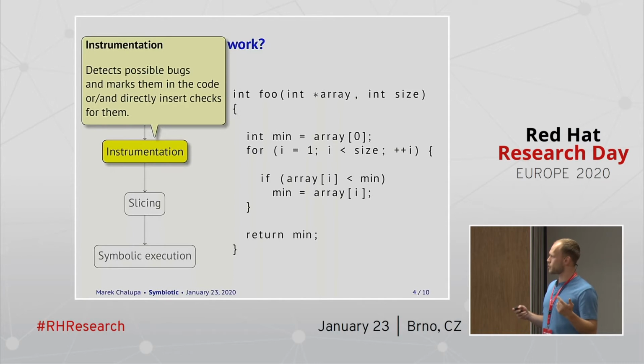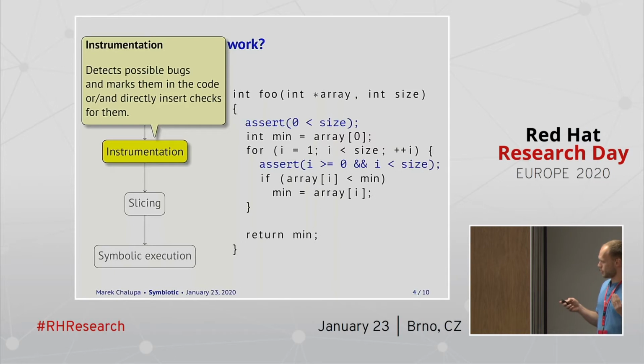Alternatively, for some kinds of errors, we can directly insert checks for the error. For example, instrumentation could insert assertions like these for the value of size and i variable to detect buffer overruns.